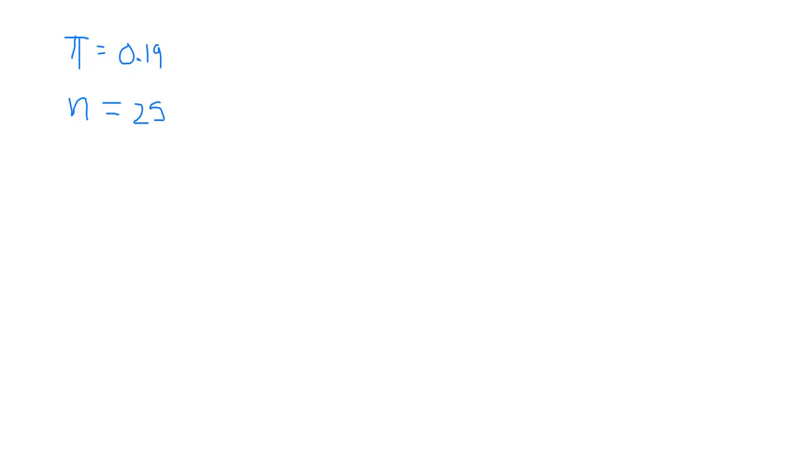Remember the formula for standardizing for proportions is Z, and I'll write it out again. It's P minus pi, all over the square root of pi times 1 minus pi, all over n.